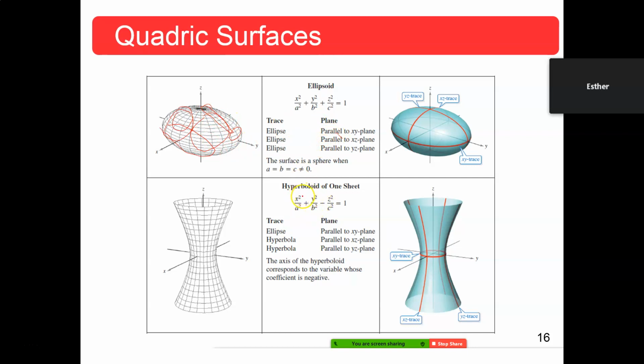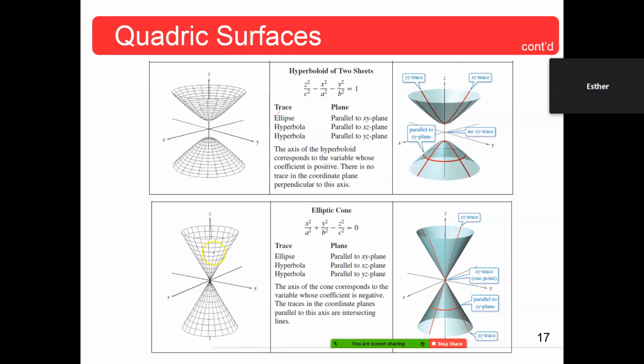In a hyperboloid of one sheet, there are ellipses parallel to the XY plane, whichever your axis is here, but everything else are hyperbolas. In a hyperboloid of two sheets, your ellipse is also parallel to the XY plane. It's just some values that it can't happen, but then the others are ellipses here and hyperbolas otherwise.